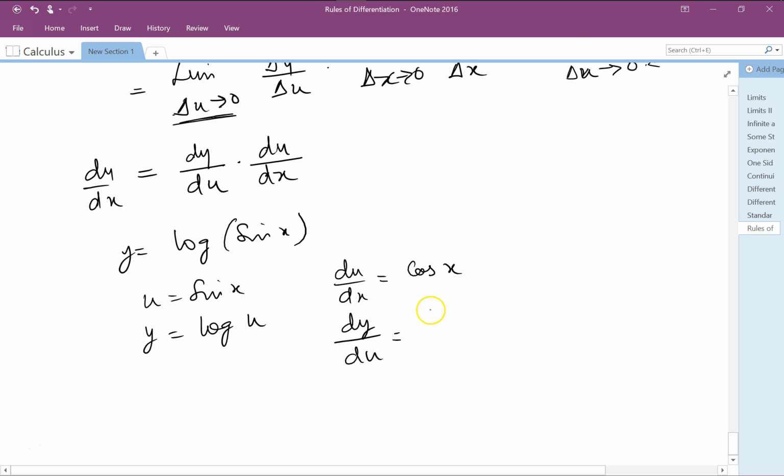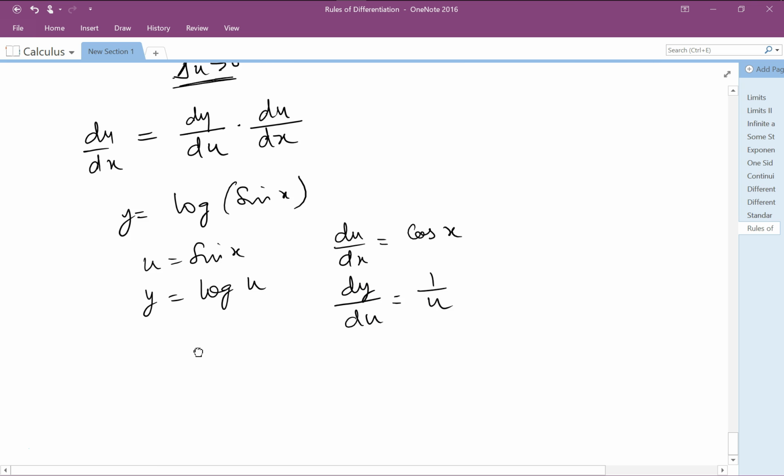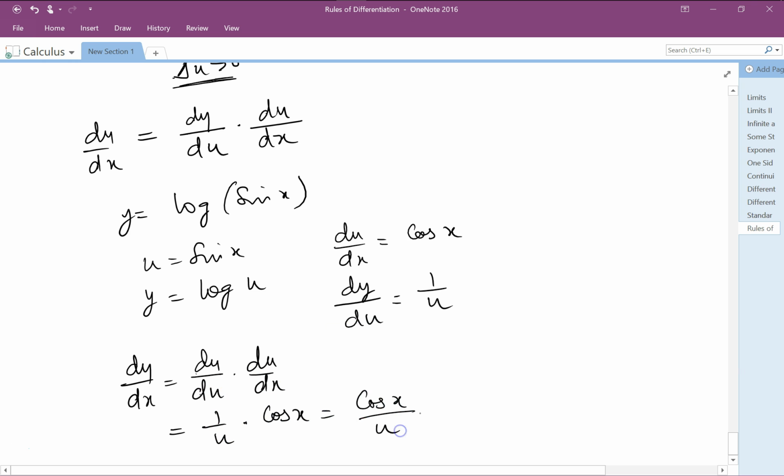Log u, which is 1 by u. So now dy by dx is, what's our formula? Formula is dy by du times du by dx, which is 1 by u times cos x. So cos x by u.